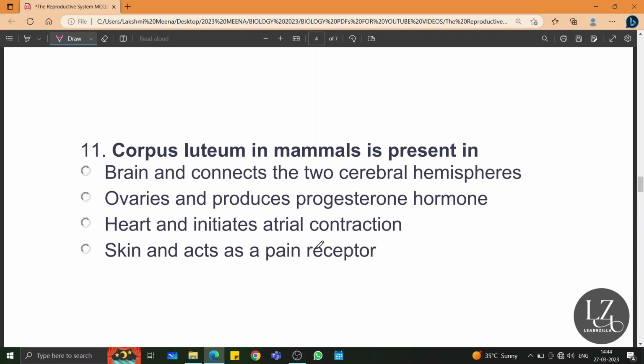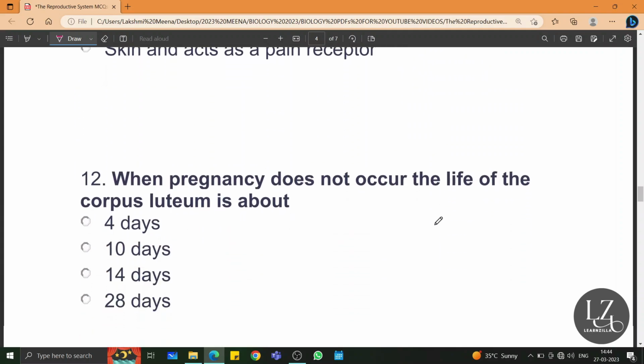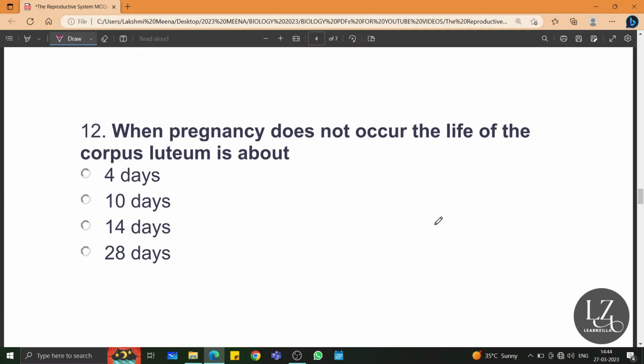Corpus luteum in mammals is present in ovaries and it produces progesterone hormone. When pregnancy does not occur, the life of the corpus luteum is about 14 days. Remember, corpus luteum is taking care of progesterone secretion in the ovaries.